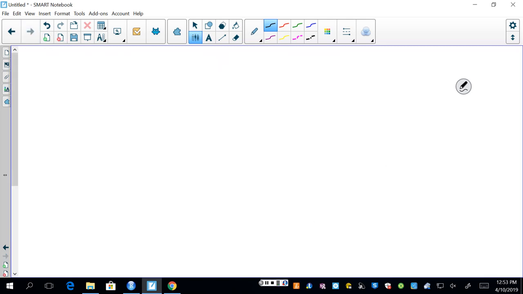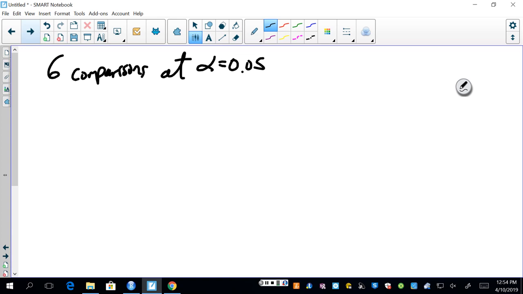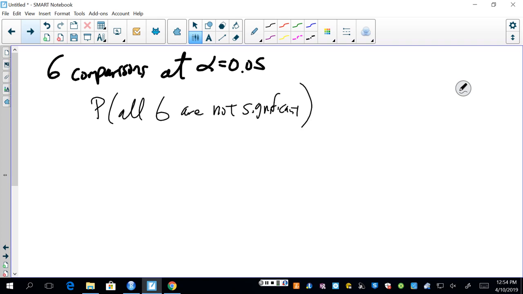So if you do 6 comparisons at alpha 0.05, the probability that all 6 are not significant, well, the probability 1 is not significant is 0.95, right, so to the 6th, which is less than 0.95.